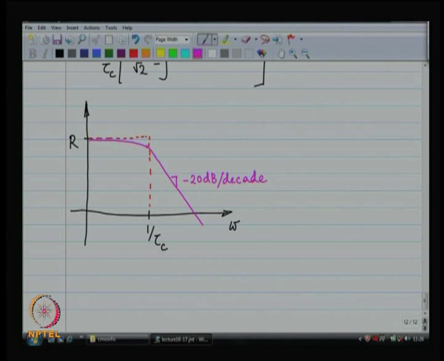This was the magnitude response of the earlier function. Of course, you have a log scale here and a log scale here. Okay, we like doing things in the log scale.